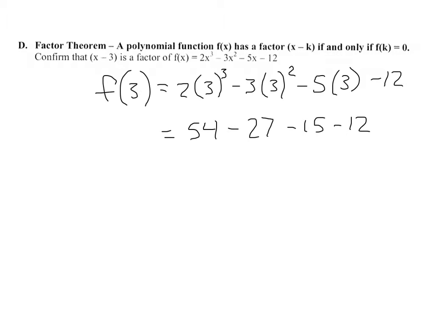So see if you can do this on your own. 15 and 12, right at the end here, that gets us minus 27. Minus another 27 gets us negative 54. Plus a 54 gets us 0. So they're saying our remainder is 0, therefore by this theorem, x minus 3 must be a factor.